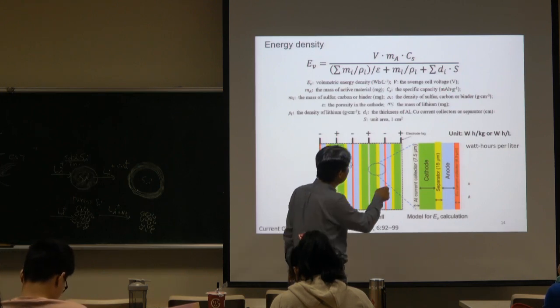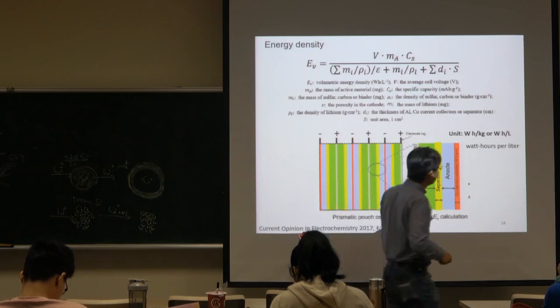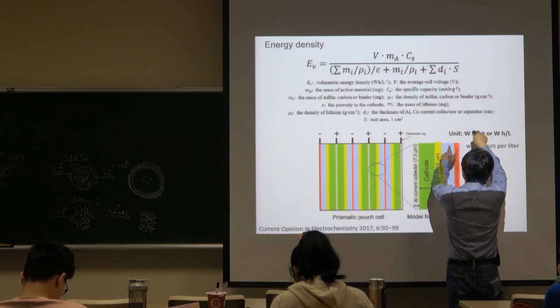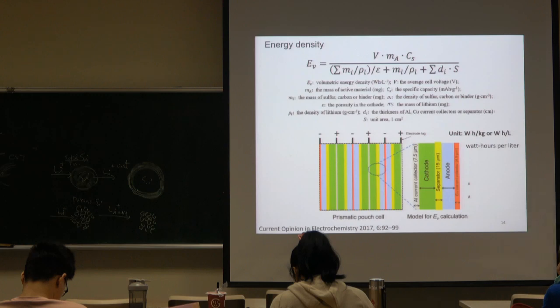So this is the specific capacity, and the unit is milliamp hour per gram. This capacity means how much current it can provide as output.